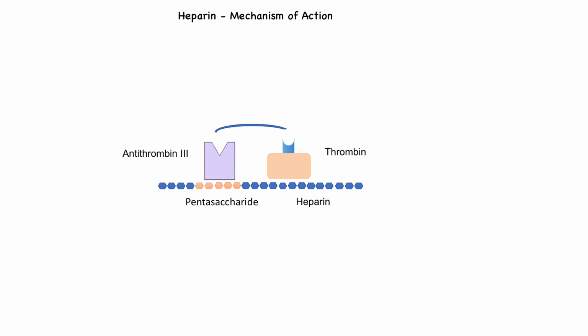So anticoagulant effects of heparin are mediated through antithrombin. The ability of antithrombin to inactivate factor 10 and thrombin is significantly increased in presence of heparin. Antithrombin can directly inactivate factor 10, but for inactivation of thrombin, thrombin also needs to bind to the heparin molecule.